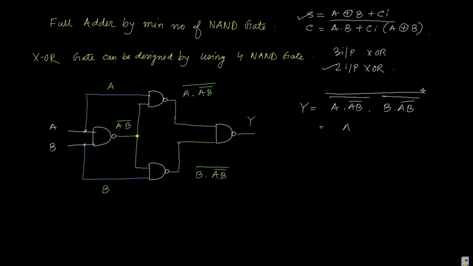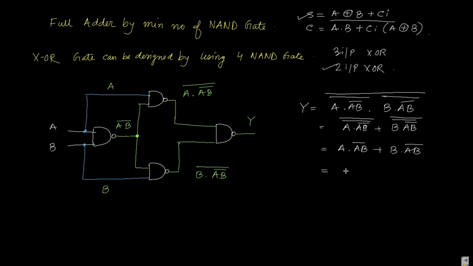Now we can split it. Again it becomes A ANDed with AB bar plus B ANDed with AB bar.